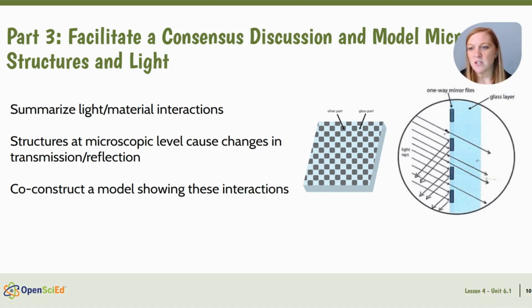And then we're going to co-construct that model to show these interactions. So you'll see kind of an example of that here in this circle where we show the silvering and the glass layer and how that causes the light to reflect or to transmit in certain locations.